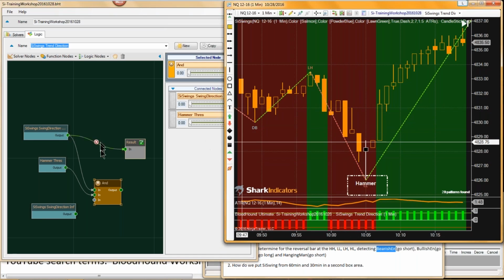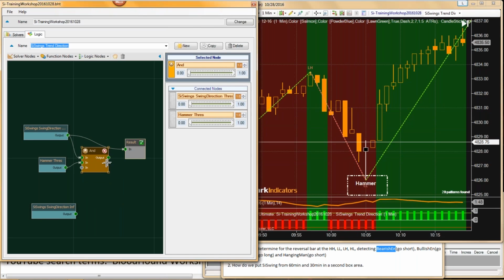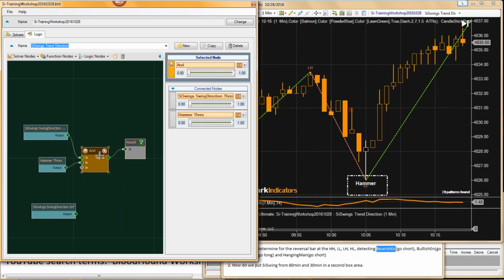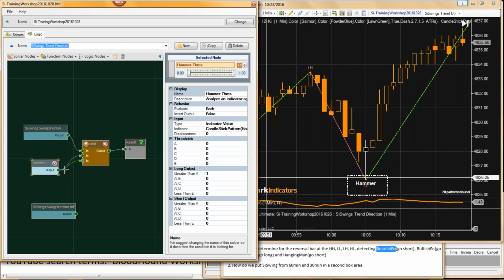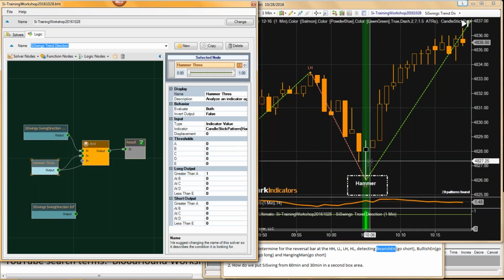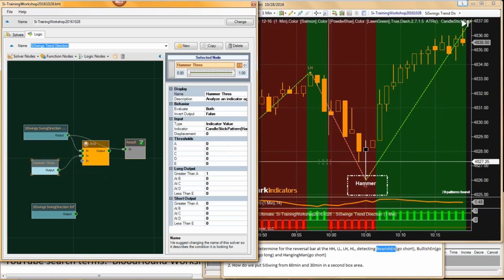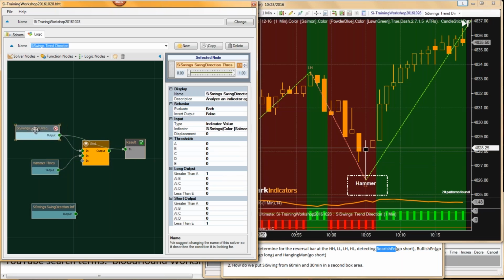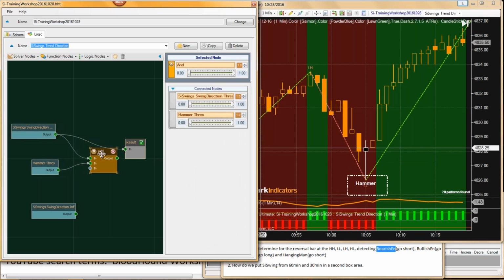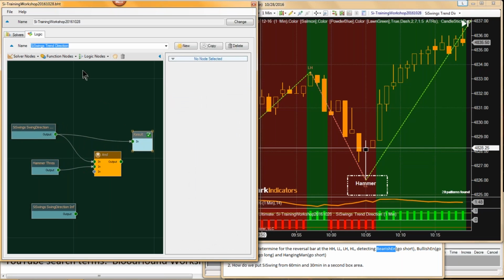And the hammer is long, so if we just throw it into an AND, you see we get nothing there, right? That's because the hammer is giving us a long output, but the swings indicator is giving us a short output. So they conflict. There's no consensus between the two.